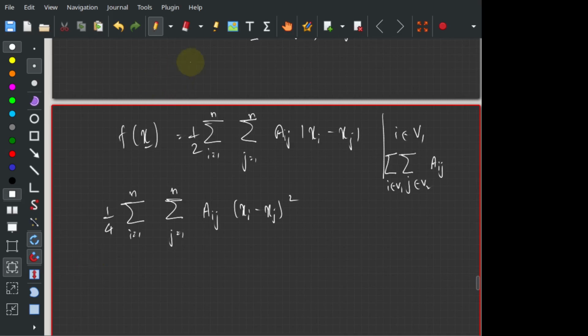We should include it. So how many times are you counting a particular edge? Twice. So it is going to be this times the scaling factor. Okay, so fine. This is going to be the objective function. So this gives the value of the cut. Does everyone agree with that?